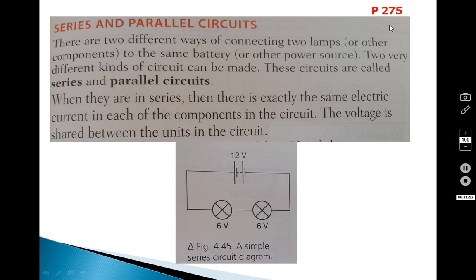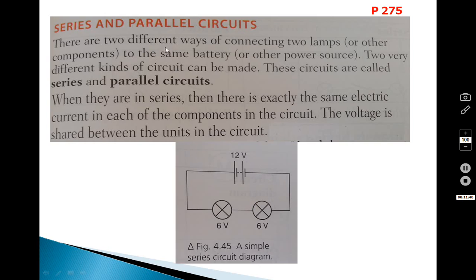Okay, now turning to page 275, we will see how we can connect circuits in series and parallel. There are two different ways of connecting all those components, or some of them, to the same battery.